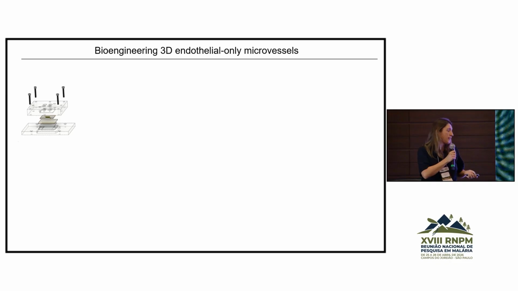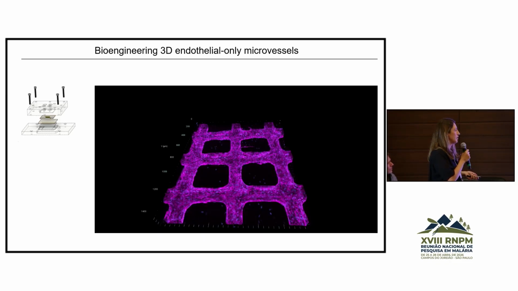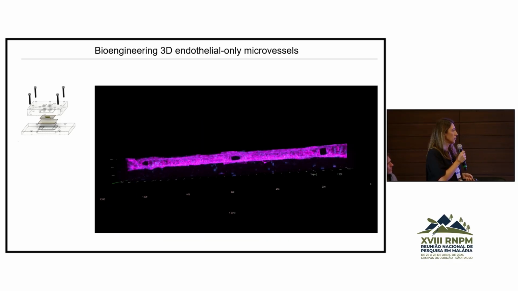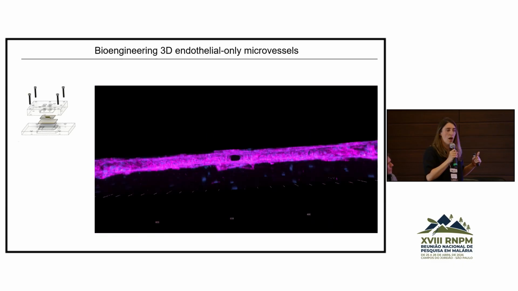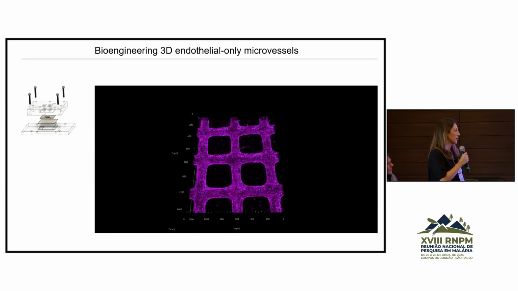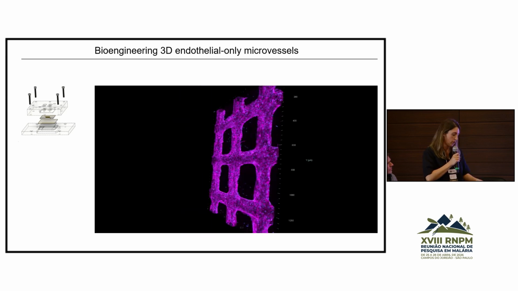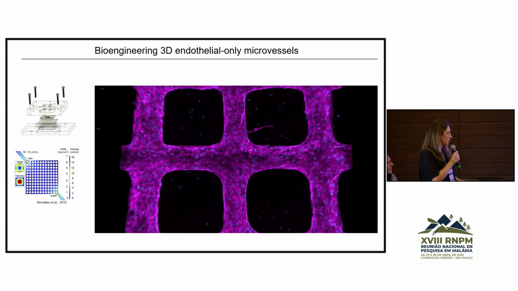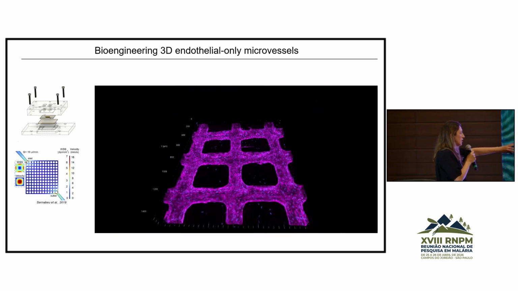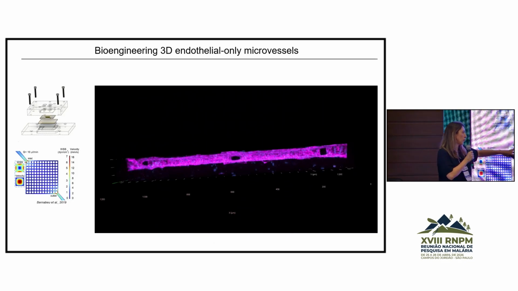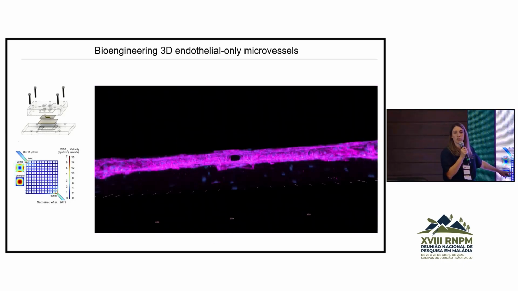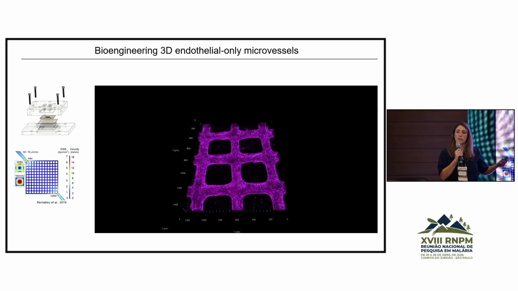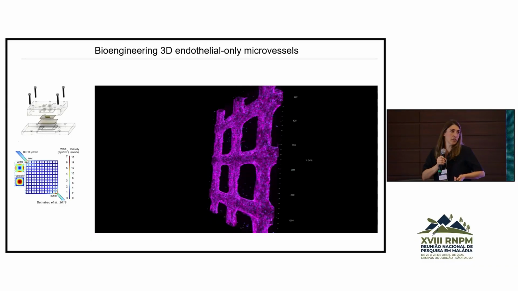Then we can seed primary brain endothelial cells in these 3D structures, and we can generate these tubes with a very complex microfluidic network. By using this kind of very geometrical network, we can recapitulate multiple different flow conditions in a single device, so we can test multiple blood flows in the same device.